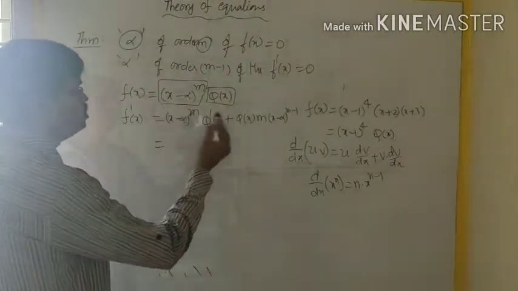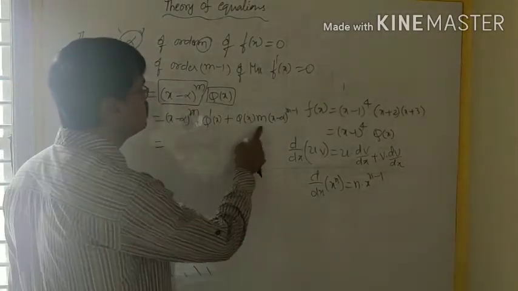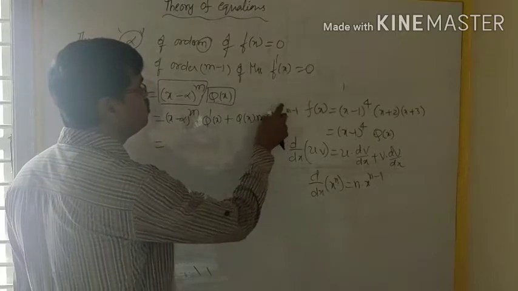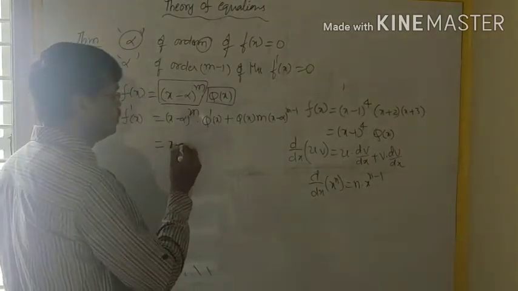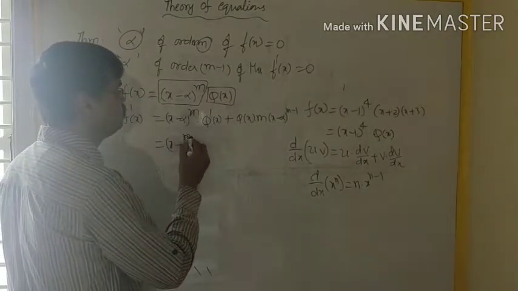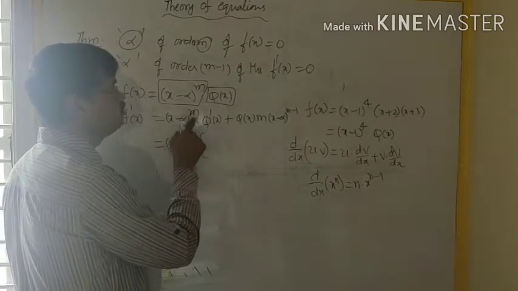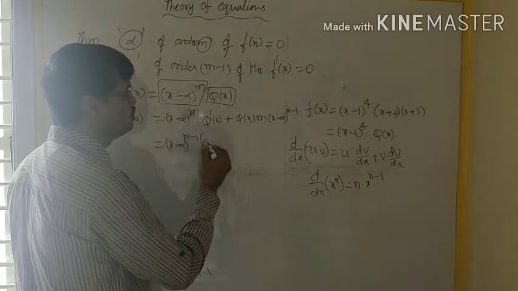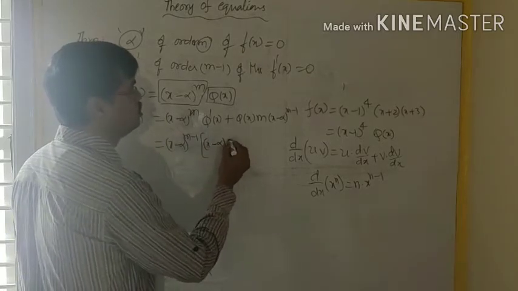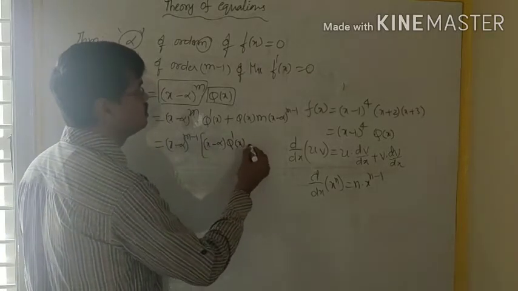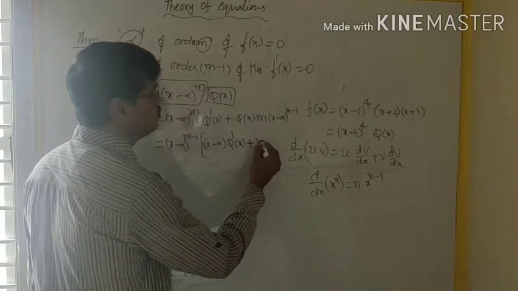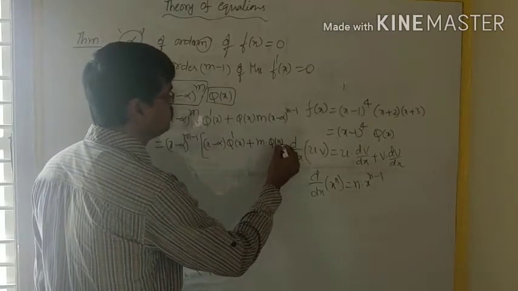So from these two terms, I can take (x minus alpha) to the power of m minus 1 common. Taking (x minus alpha) to the power of m minus 1 from this, it remains (x minus alpha) into q dash of x plus m into q of x.